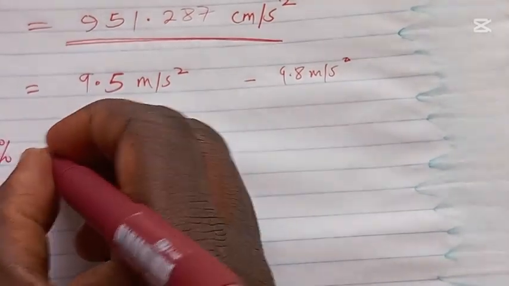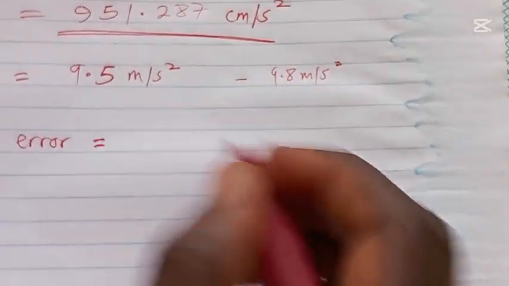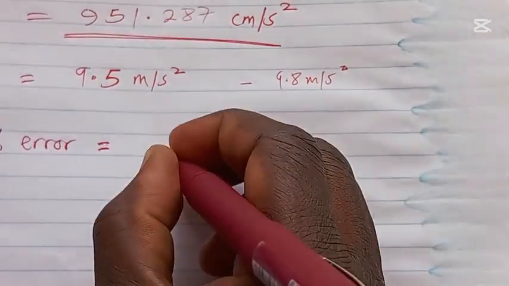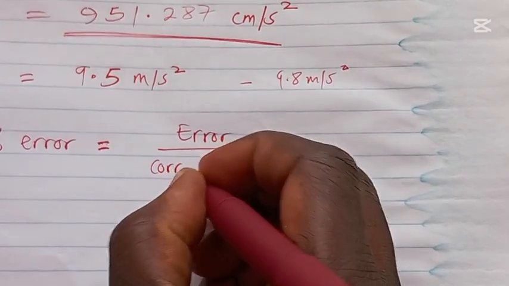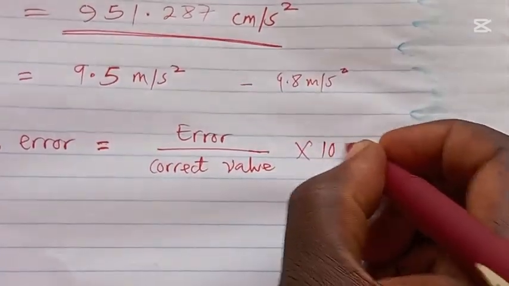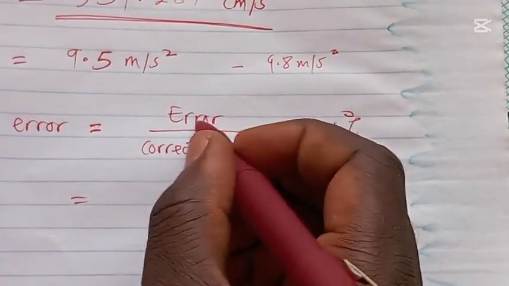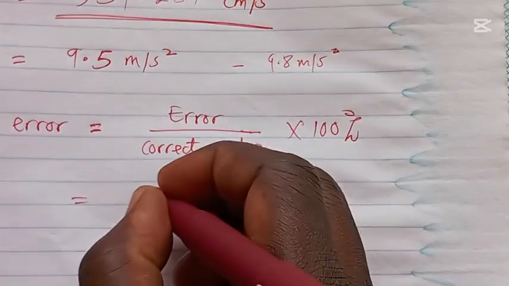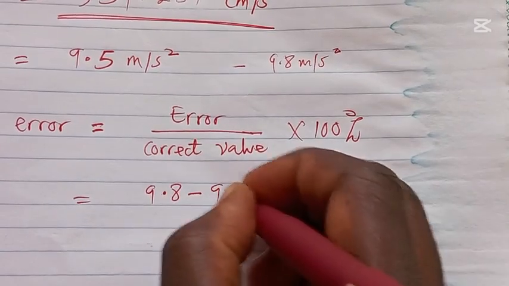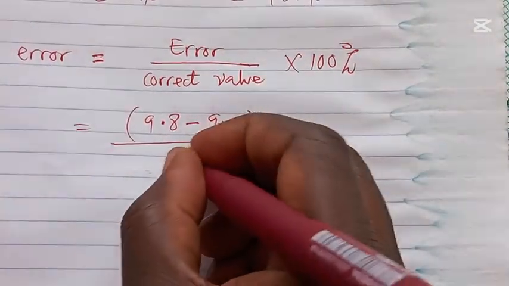So percentage error in determining my g is equal to the error itself divided by the correct value, and then I will multiply this by 100. Now to get the error, I will take the difference between the two. So this will be 9.8 minus 9.5, and the correct value is 9.8.